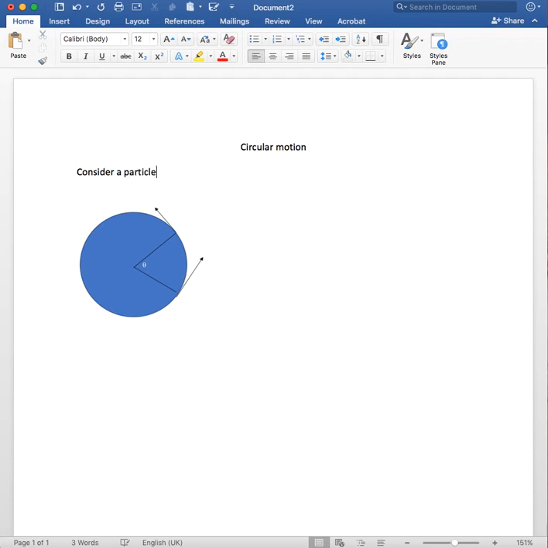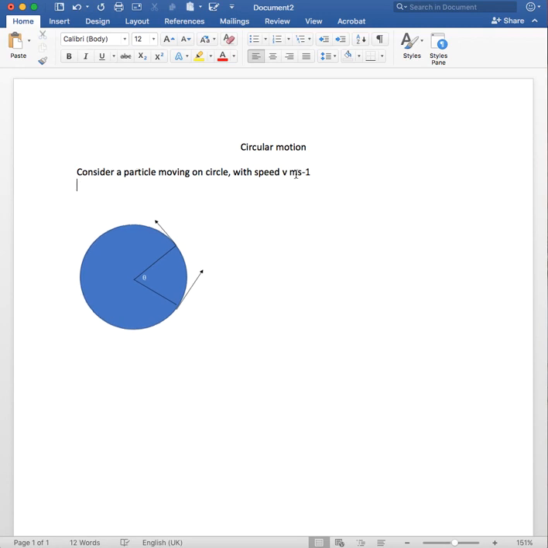So let's consider a particle moving in a circle with speed v meters per second. So it's moving at a constant speed. Notice I'm talking speed here, not velocity at this point.